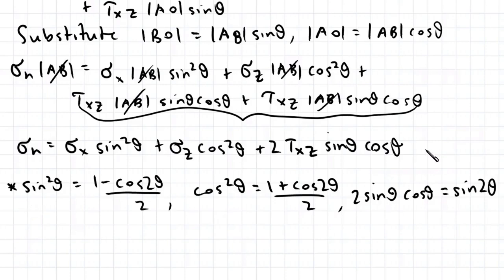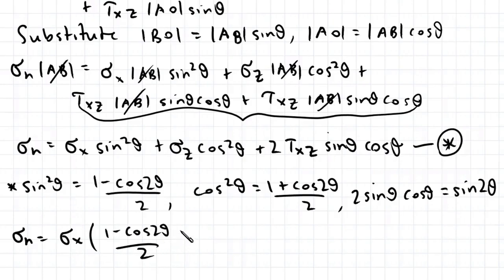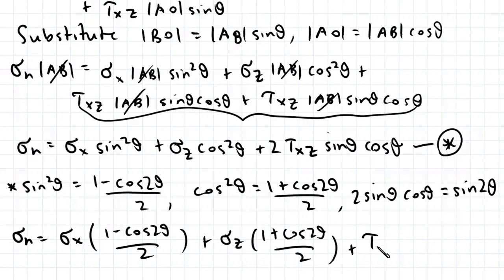So substituting these relations into this expression above here, it becomes, so normal stress equals sigma x 1 minus cosine 2 theta over 2 plus sigma z 1 plus cosine 2 theta over 2 plus tau xz sine 2 theta.